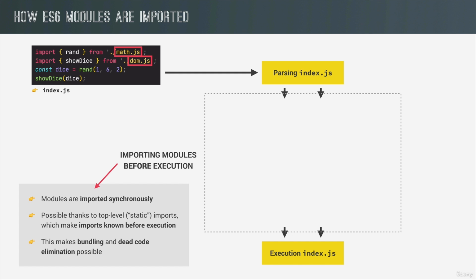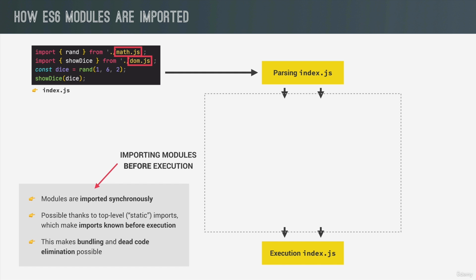So by knowing all dependencies between modules before execution, bundlers like Webpack and Parcel can then join multiple modules together and eliminate that code. And so essentially, this is the reason why we can only import and export outside of any code that needs to be executed. So like a function or an if block.